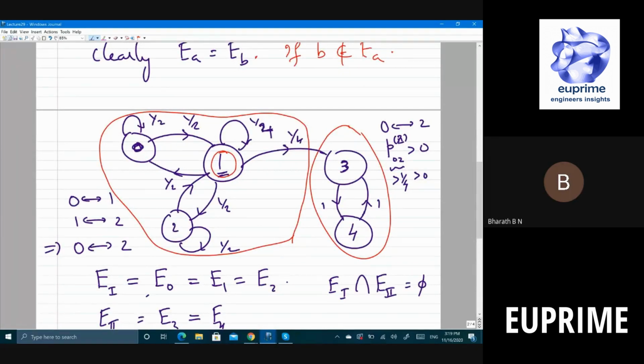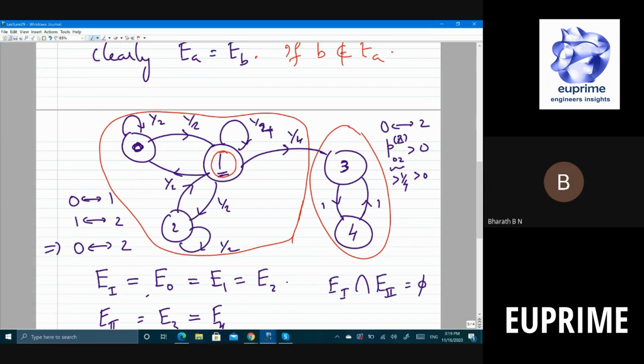I mean, that comes to this question. So, is this thing that I have marked, this whole thing, is it a class? 0, 1, 2. So, what is a class? Okay, so the equivalence relation for the communication double arrow will partition. So, what will it partition? See, from state 0 you can go to 1, and from 1 you can go to 0.